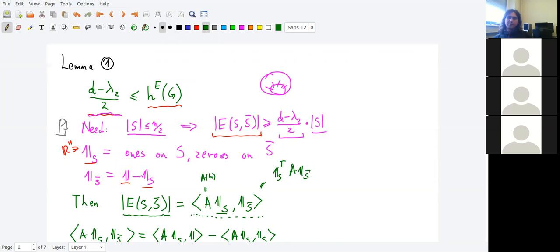So now this is the same as summing A_ij, and I put a 1 if i is from S, and put a 1 if j is from the S complement. So in this way, if I look at the summation here, I exactly count the total number of edges where this term evaluates to 1, meaning that one of the vertices belongs to S and the other belongs to S complement.